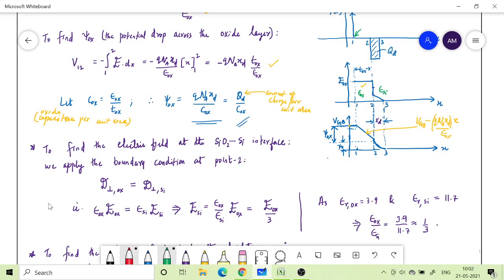So free space will cancel off when you divide one by the other. So epsilon ox is 3.9, epsilon silicon is 11.7. These are material properties, and if you substitute, you get something like 4 by 12, which is approximately 1 by 3. So this is the ratio.